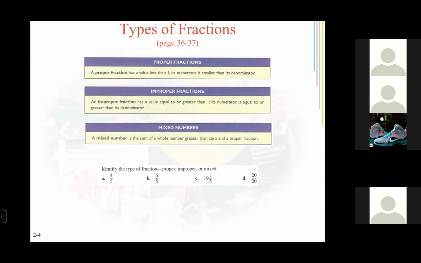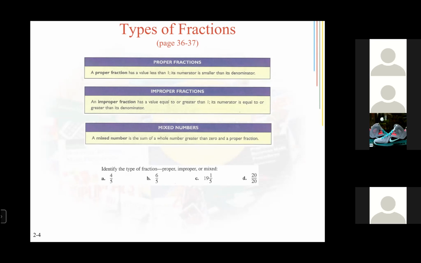B is an improper fraction. C is a mixed number. And D is a whole number, because the numerator and denominator are the same, equal to 1.